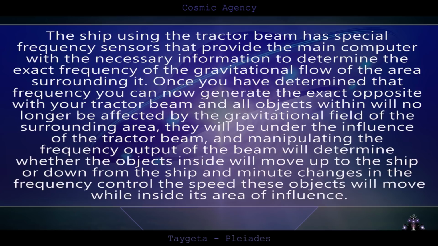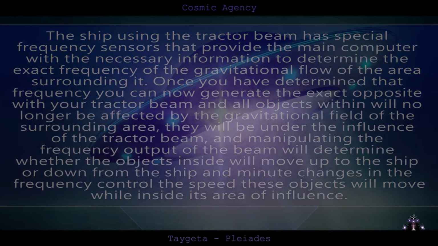They will be under the influence of the tractor beam, and manipulating the frequency output of the beam will determine whether the objects inside will move up to the ship or down from the ship, and minute changes in the frequency control the speed these objects will move while inside its area of influence.